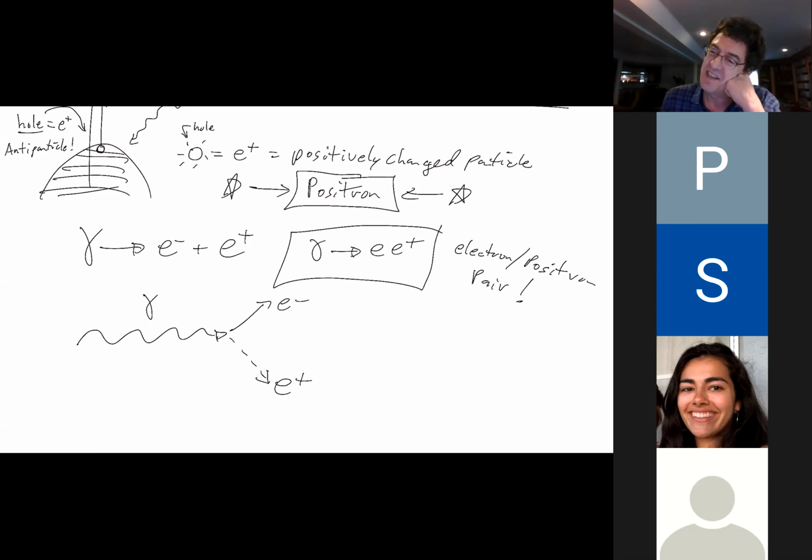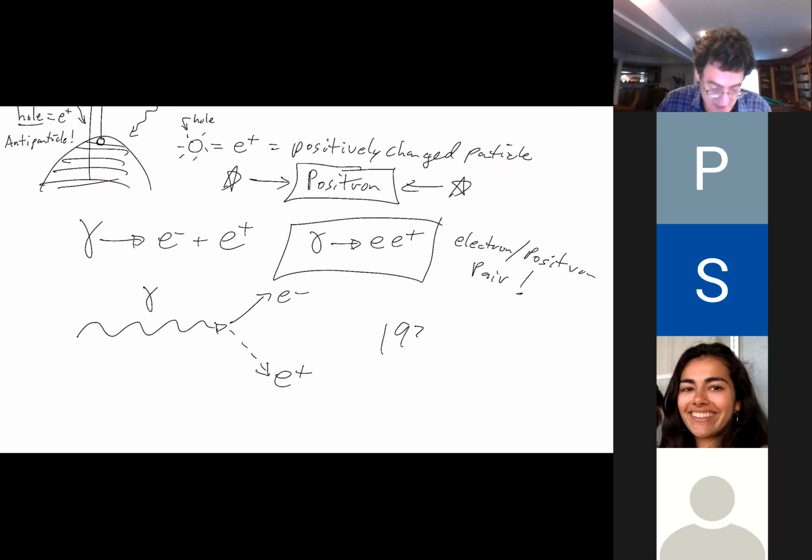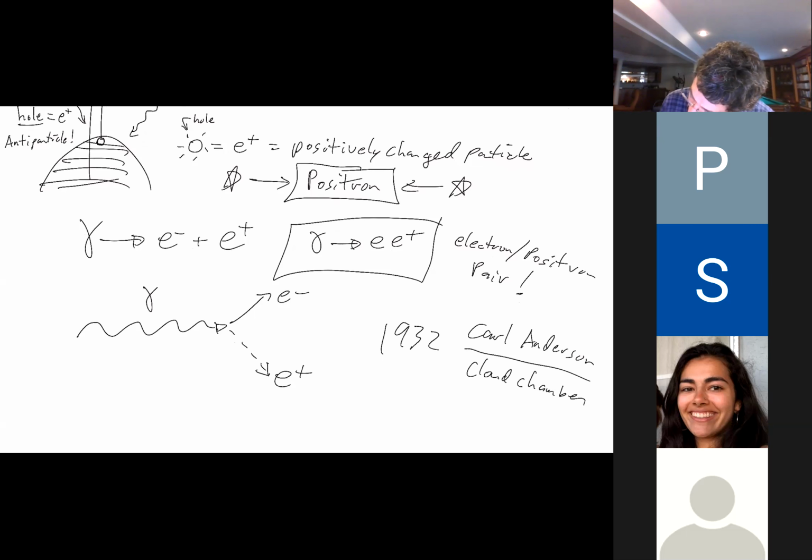He predicted it, and then everybody thought he was crazy until in 1932, this guy whose name is Carl Anderson, like in the Matrix, Mr. Anderson, Carl Anderson, who invented the cloud chamber, saw positrons.